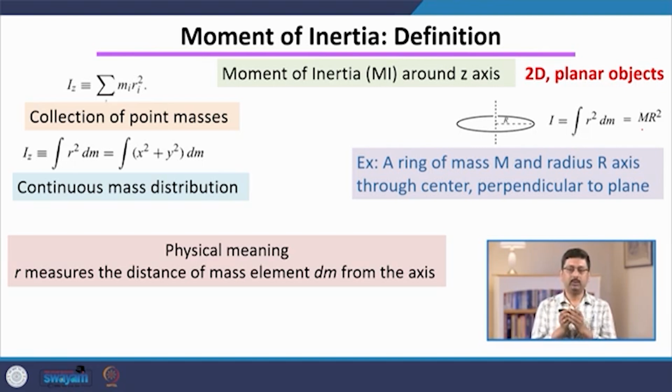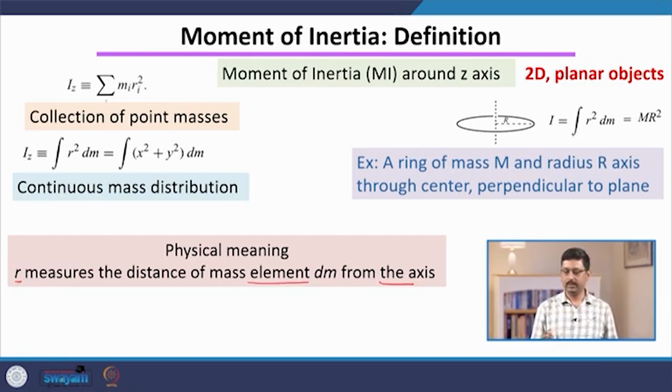But in the case of rotation, in addition to the mass, another quantity which decides the rotational behavior is the distance r of the mass element from the axis.